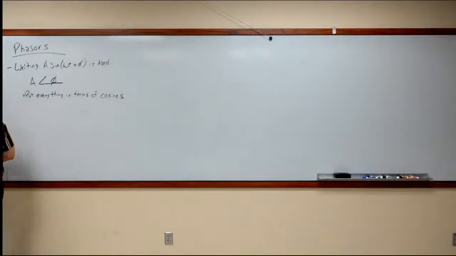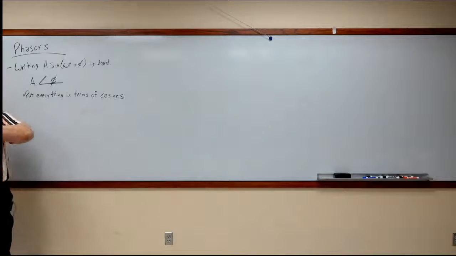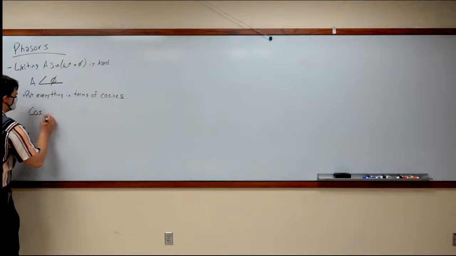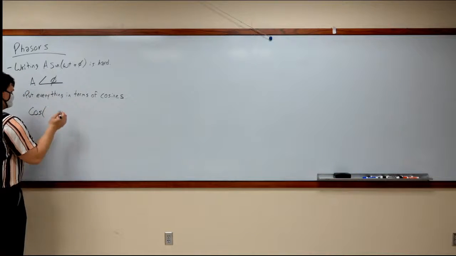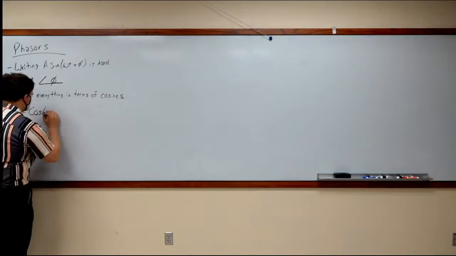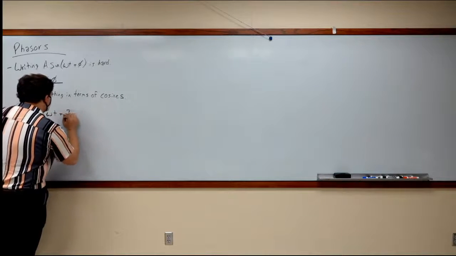No matter what we face, whether it's a cosine function or a derivative of a cosine function, we really only care about the cosine aspect of it. So our goal is to get everything in terms of a cosine function. Once we have it in terms of a cosine function, we're good. Let's say we have 12 times the cosine of omega t plus 30 degrees.